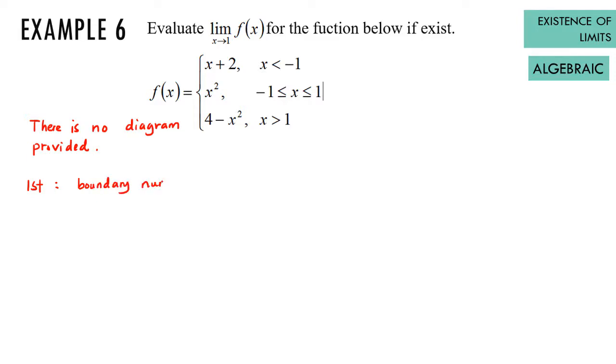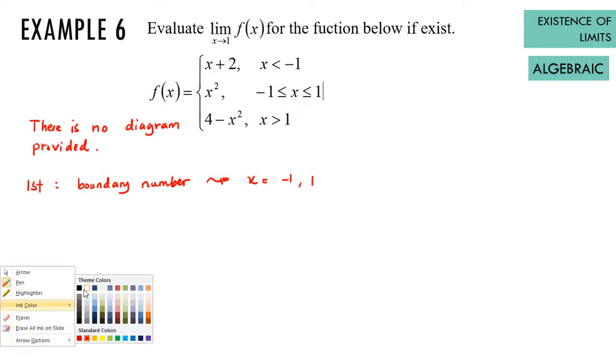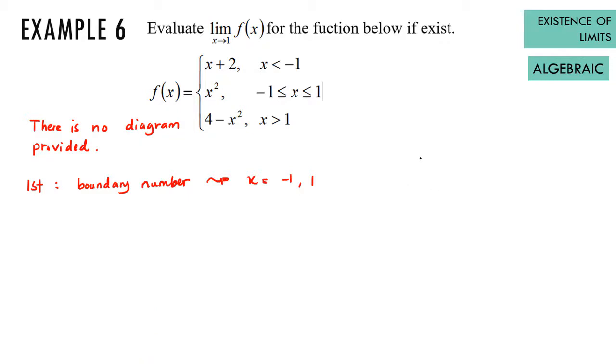If you look at it, the boundary numbers here are obviously -1 and 1. So now we try to draw a timeline, label the boundary numbers, and fill in the corresponding function based on their interval.